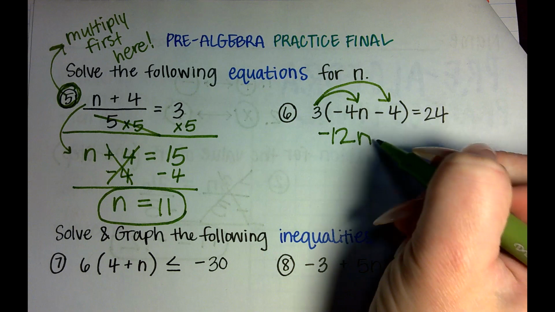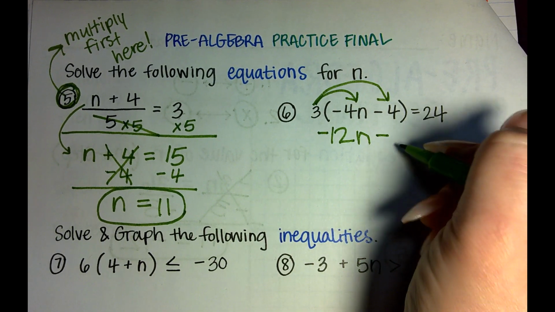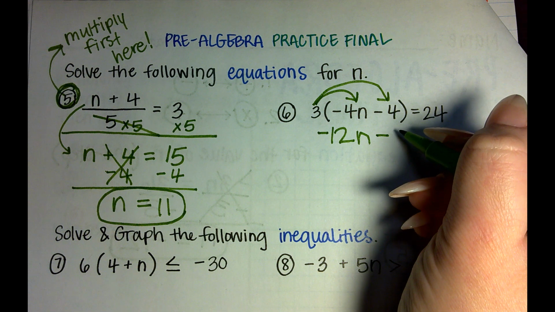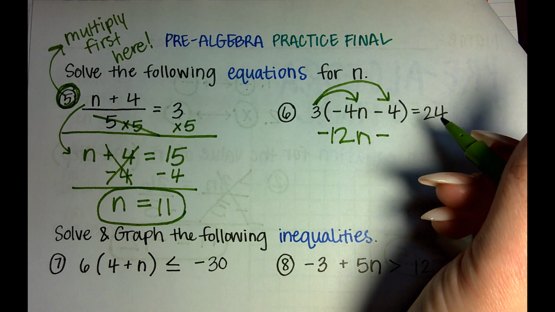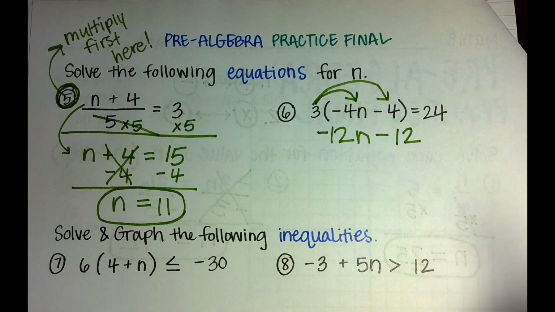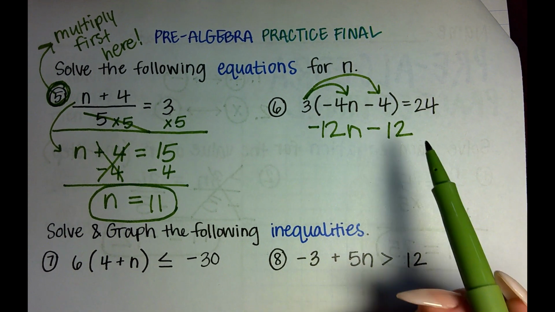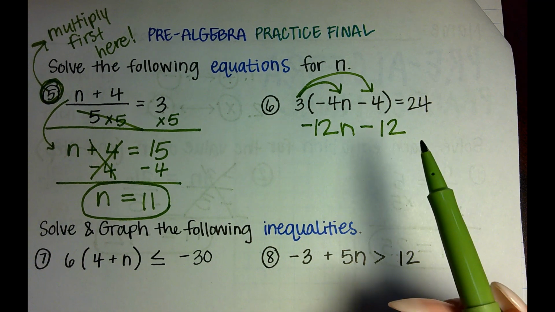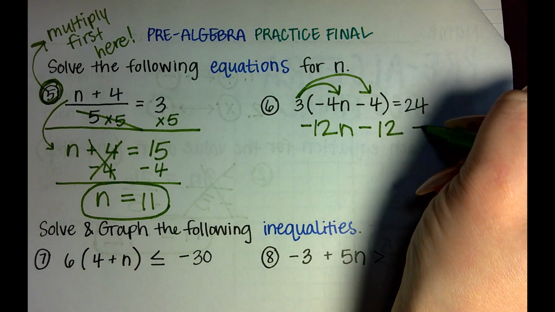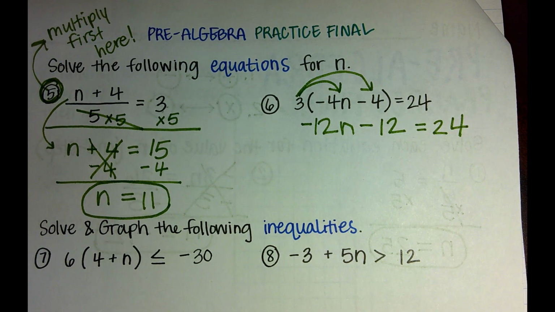And I'll bring down my minus sign. And 3 times 4 is? Negative 12? Yes, 12. Good. So negative 12n minus 12 equals 24. Okay.